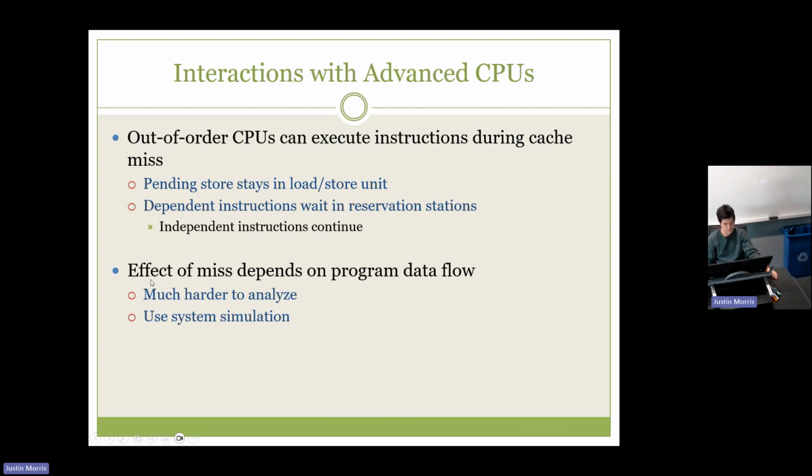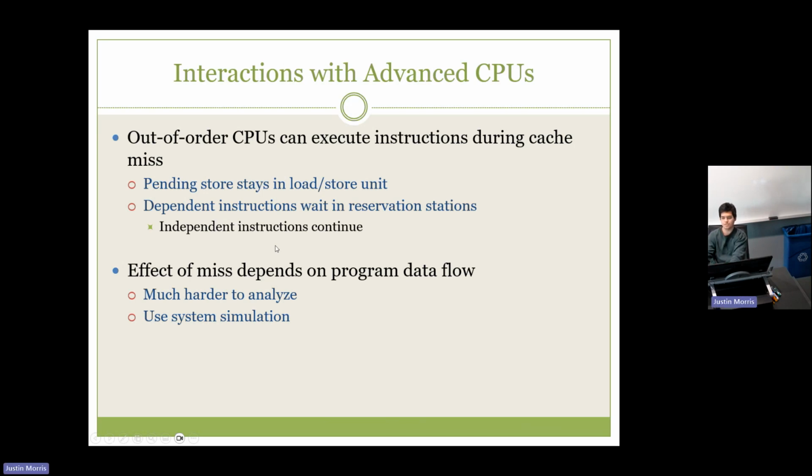The other aspect is the effect of the miss depends on the program data flow. So if you have lots of dependent instructions and you can't find independent instructions, then the out of order CPU may not help. But if you have multiple threads, like in simultaneous multithreading, one thread gets stalled because of a cache miss.